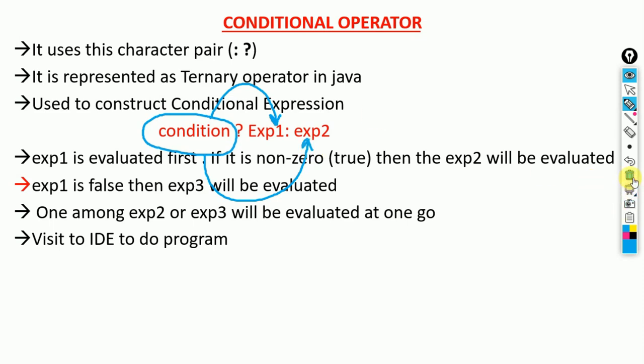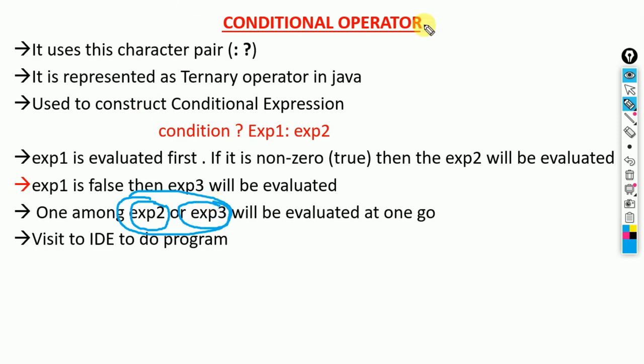Are both expressions evaluated at the same time? No, it's not possible at all. At one go, either the condition is true or the condition is false. It means only one of the two expressions will get evaluated, either expression 2 or expression 3. It depends solely on the condition.